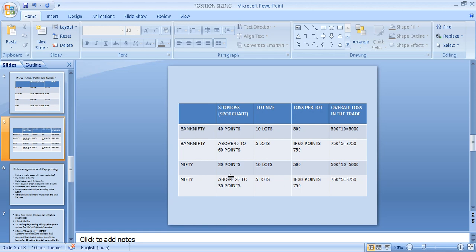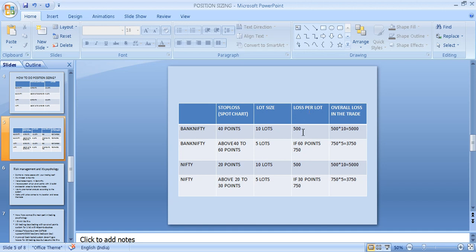Okay, now the stop loss is 40 points when I calculated after the candlestick setup confirmation, and my lot size is 10 lots. If I get 500 rupees per lot, my overall loss is 5,000 rupees. For example, this is not a losing trade, this is a winning trade.